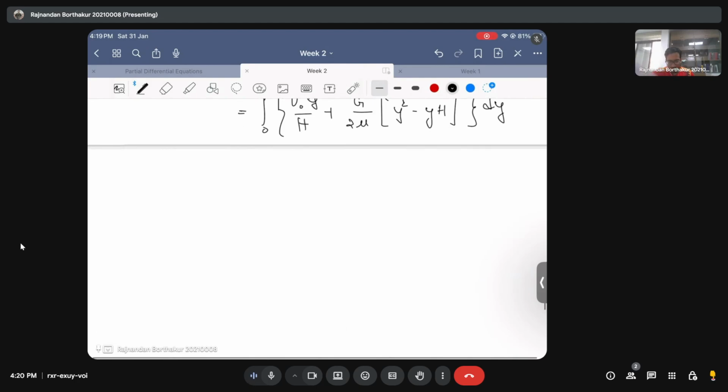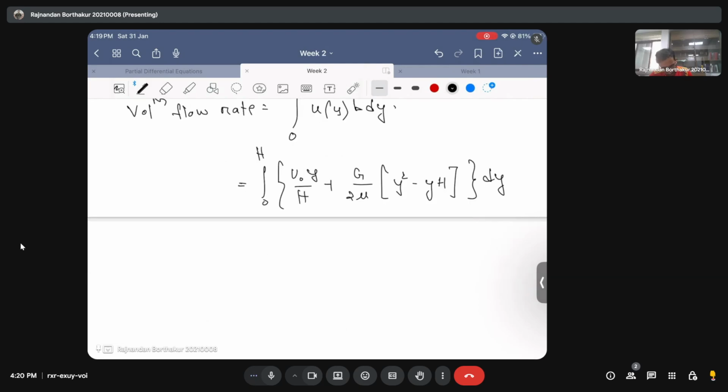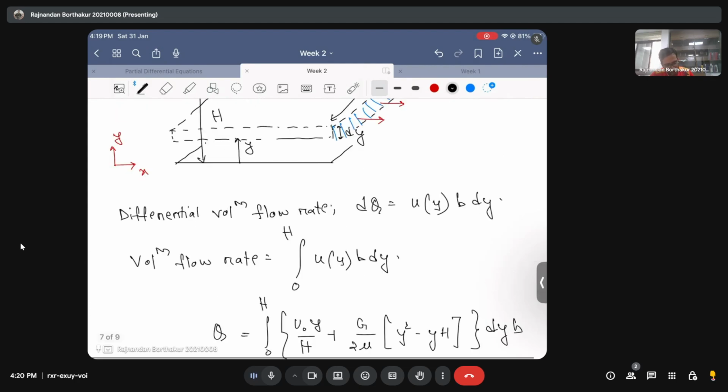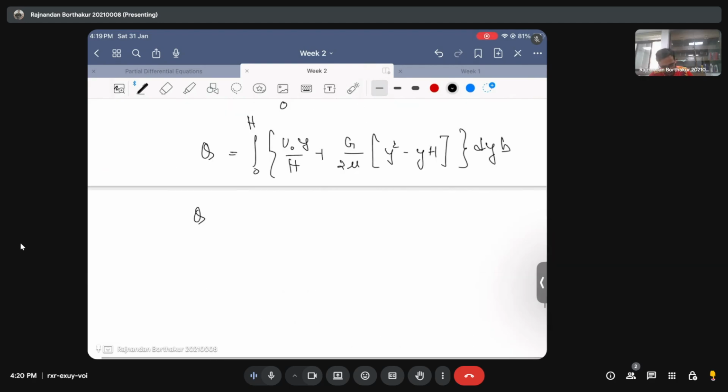Let's do the integration. It's a very straightforward, trivial integration. So this is q. And remember, there is a width also here, but I can bring the width to the left side. So this will become the volume flow rate per unit width of the plate.